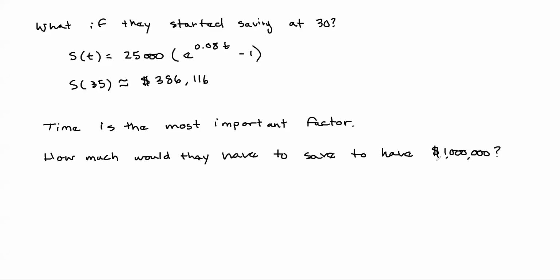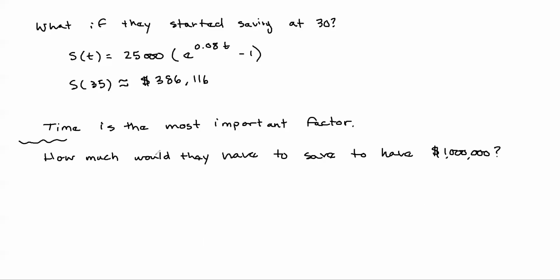Okay, so you can also go through this, and this is an equation. So instead of plugging in time values, we could plug in an investment total that we want to achieve, and then we could solve for time instead. So we could go the other way.